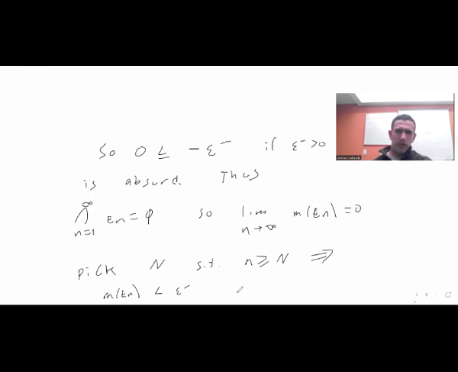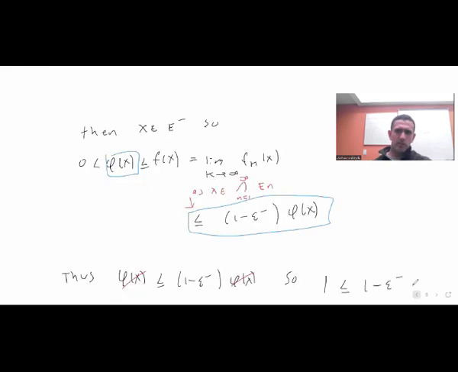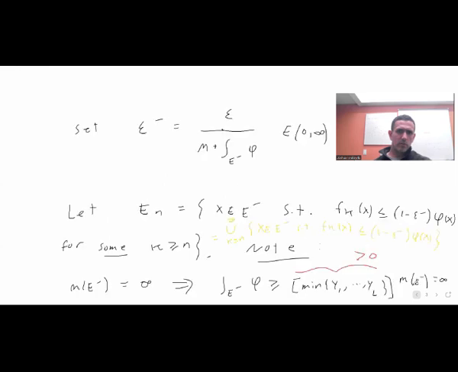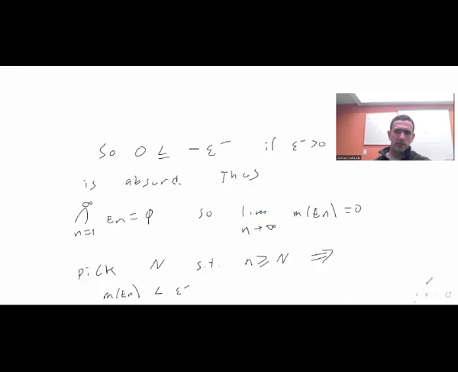Okay, so now I want to look at the complement of E_n. Remember, we had E_n is this union here, that allows me to complement it, it complements very easily. Sorry, it's the union, not the intersection. It's the union.